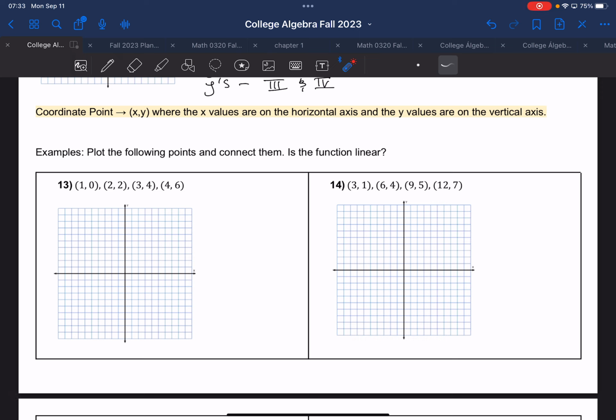Once we connect them, we have to determine if the function is linear. So how would we determine if a function is linear? What would the graph look like? A line, okay? Any type of line. So that line could be going off to the right, it could be going in the negative direction, it could be up and down, or side to side. Any type of line is a linear function.